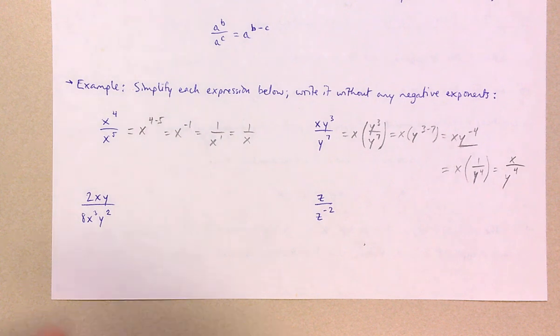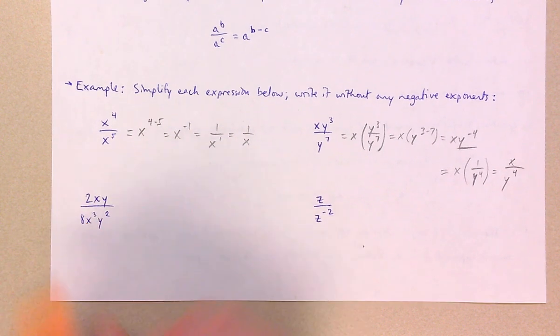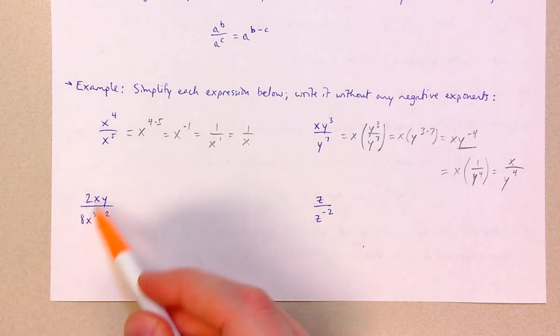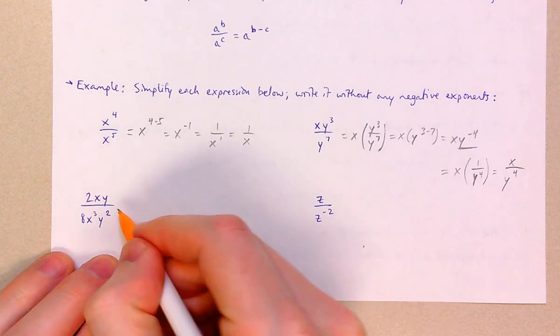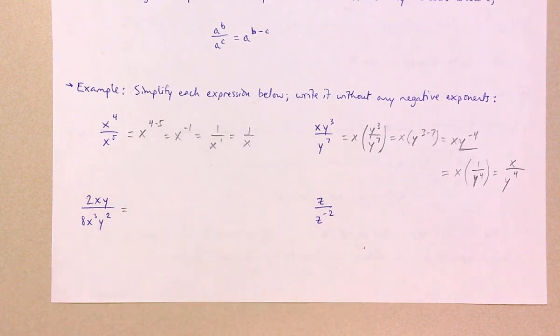Okay, I see numbers on the top and bottom. Perhaps those can be simplified. I see x's on the top and bottom. We can use some properties of exponents to simplify that more. And then I have y's on the top and bottom. I can use properties of exponents to simplify that more as well. So let's focus on things that have the same base.